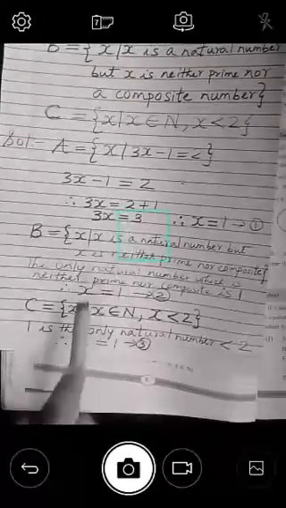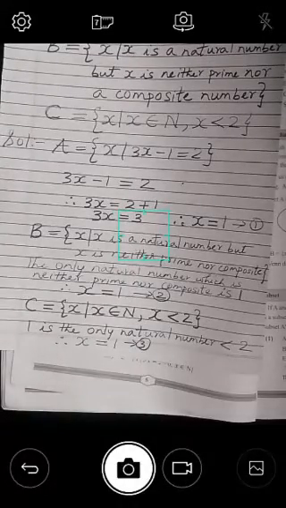Now x is less than 2 means only 1 is the number. So 1 is the only natural number which is less than 2. Therefore x is equal to 1. This will be 3. So from 1, 2 and 3, we conclude that the sets are equal. That is, A is equal to B is equal to C.